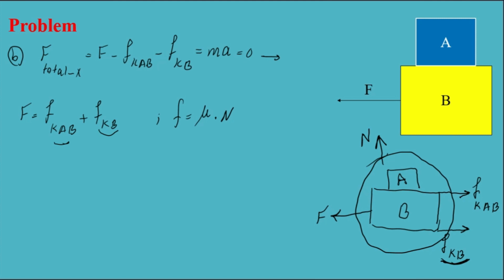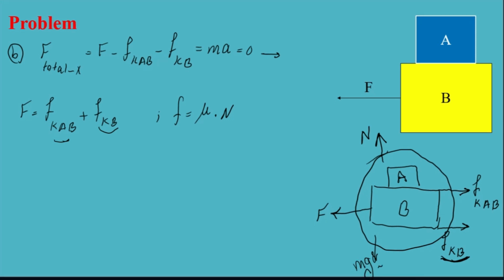And as it is not moving in the y direction, then that n is going to be equal to mg, and this is going to be (m1 plus m2) times g. It's the same thing we calculated in part A.